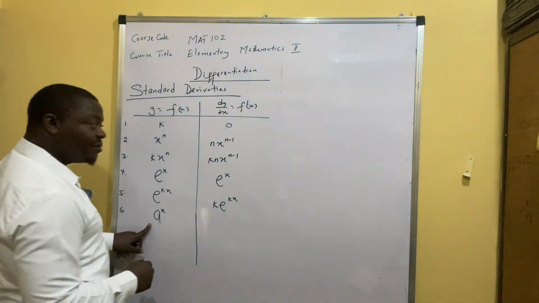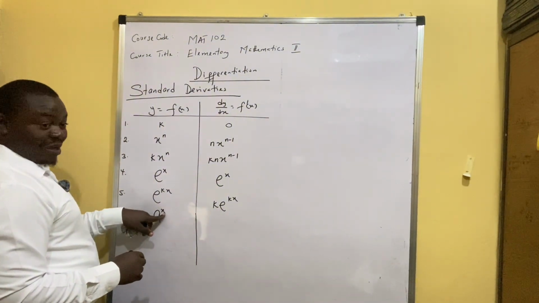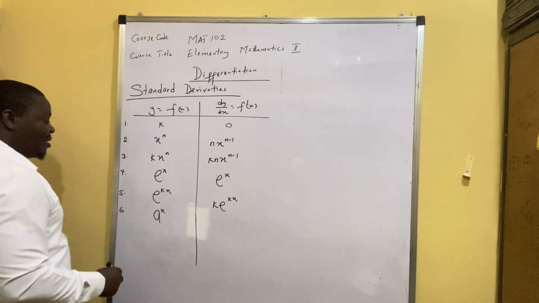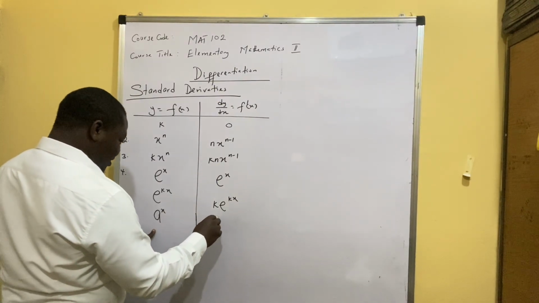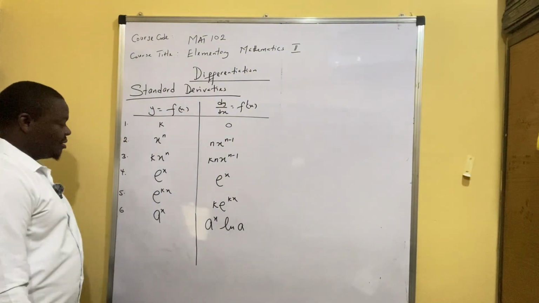Now you observe that the x is serving as a power. The result of this is a^x ln a, where ln is the natural log.